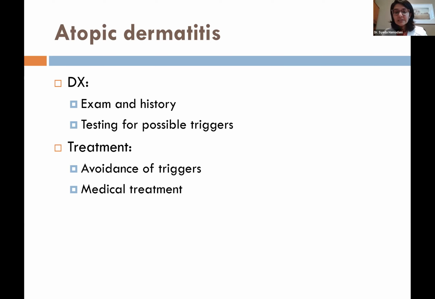In terms of treatment, again, avoidance of triggers is kind of our mainstay for a lot of our allergic diseases. So if there's a food trigger or an environmental trigger or a contact trigger, we'll remove those, and then we'll really discuss what our options are for medical treatment.